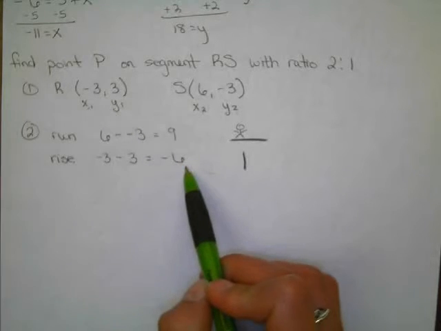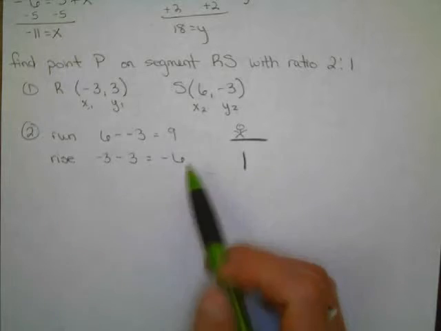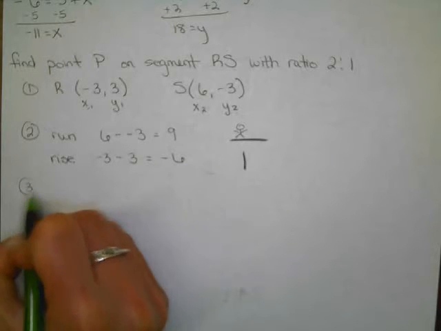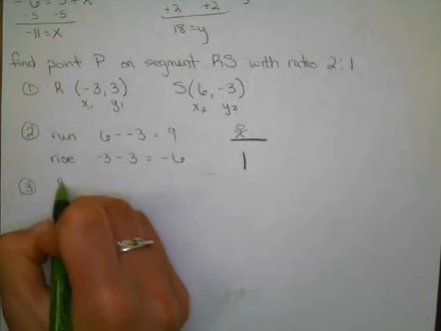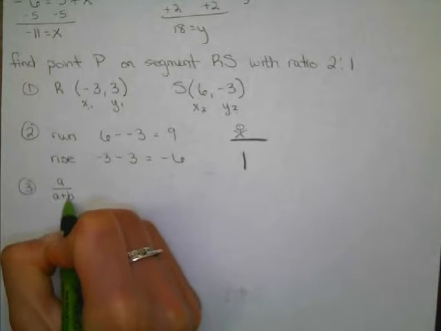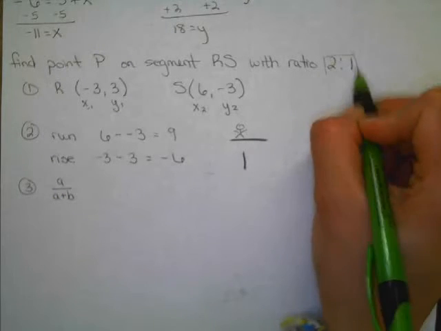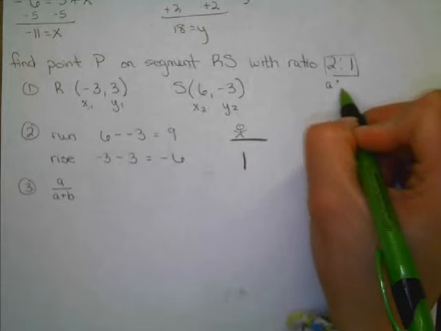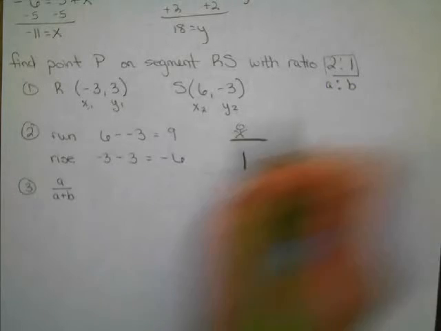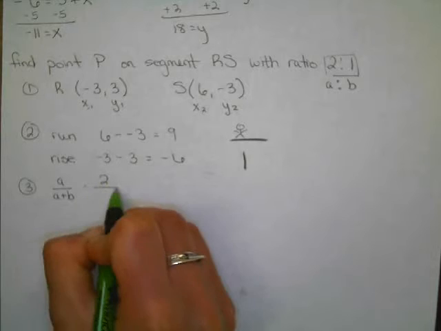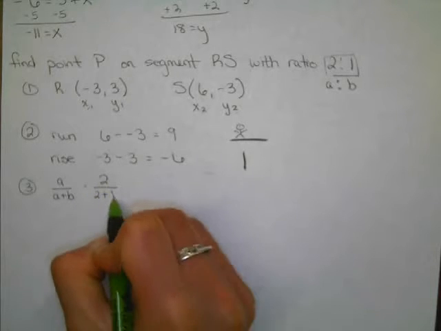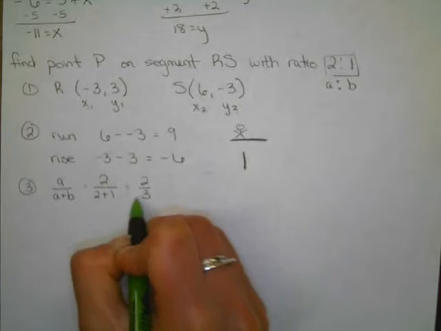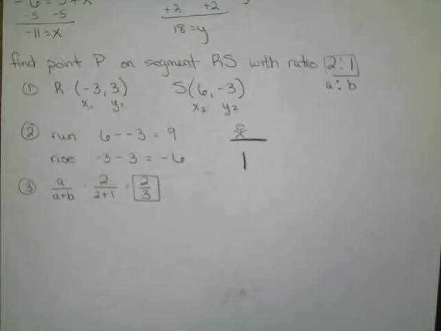So my run is 9, and my rise is negative 6. Next, we convert our ratio to this form of a over a plus b. So if we have a ratio of 2 to 1, that's my a and b. So that means that a is 2, and then we have 2 plus 1 on the bottom, so that moves to 2/3. So the ratio that I'm going to use is 2/3.